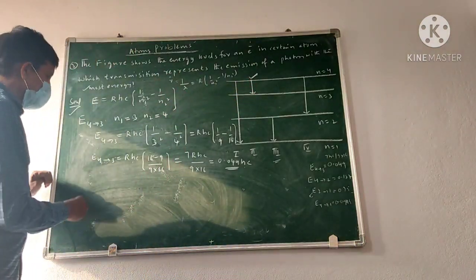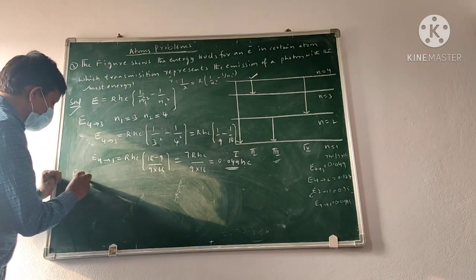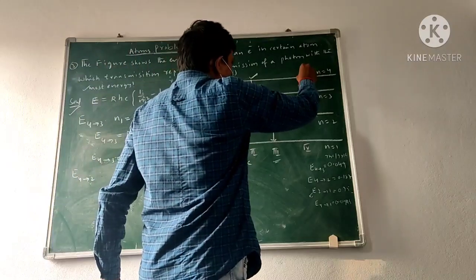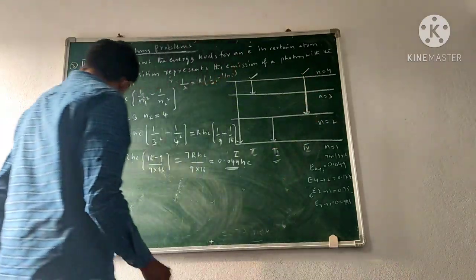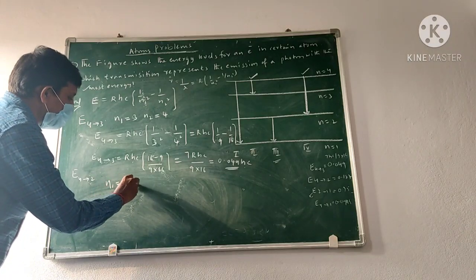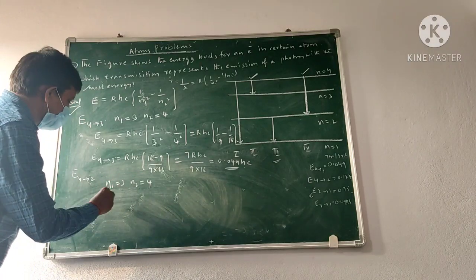Next is the electron transition from 4 to 2. Here n1 is 2 and n2 is 4. So E(4→2) is RHC (1/2² − 1/4²), which is equal to RHC (1/4 − 1/16).